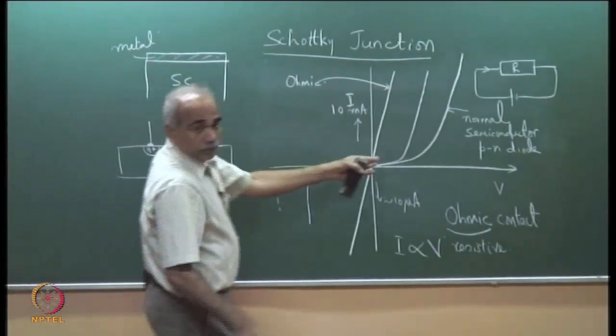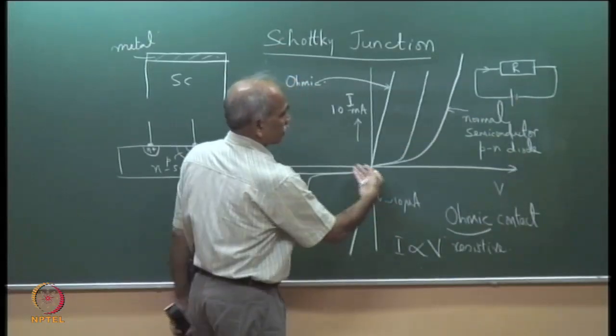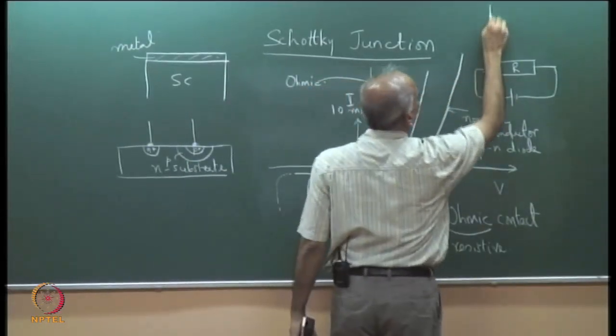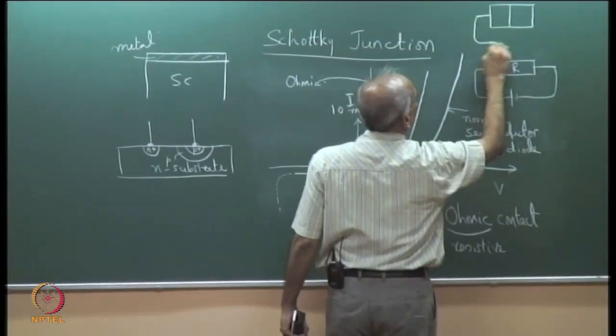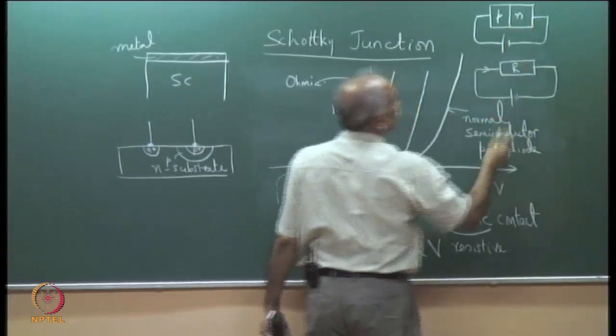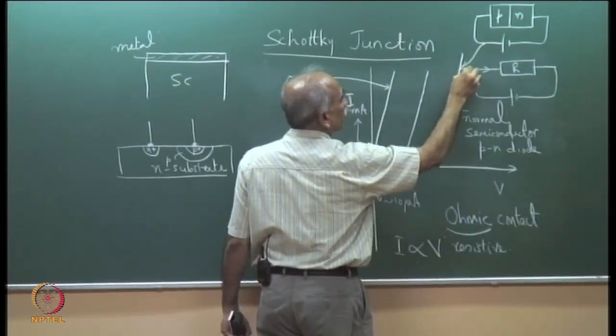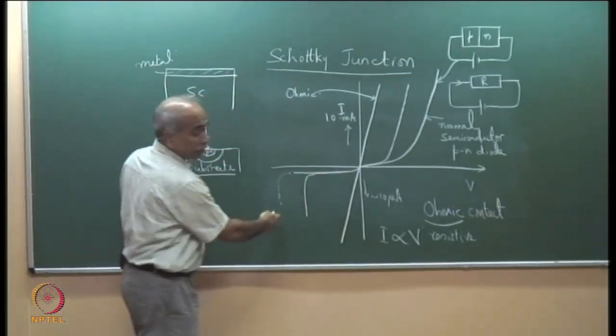Whereas for a diode, it does matter. Forward bias and reverse bias do matter. This corresponds to forward bias, just elementary recalling. If you take a PN diode, this corresponds to the forward bias here, whereas if you reverse bias, the characteristic will be like this.